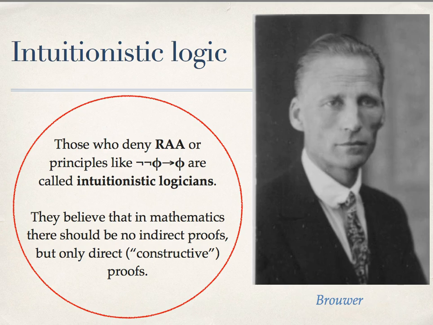So those who deny the reductio ad absurdum rule are called intuitionistic logicians, and they believe that in mathematics there shouldn't be any indirect proof, but only constructive or direct proofs.